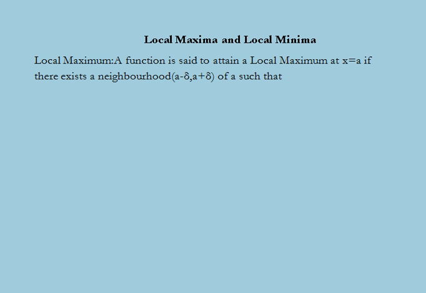A function, let's say f(x), is said to attain a local maximum at point x equal to a if there exists a neighborhood of point a, with points a minus delta and a plus delta, such that f(x) is less than f(a) for all values of x belonging to the interval (a minus delta, a plus delta), or we can say that f(x) minus f(a) is less than 0 for all values of x belonging to (a minus delta, a plus delta) and x not equal to a.